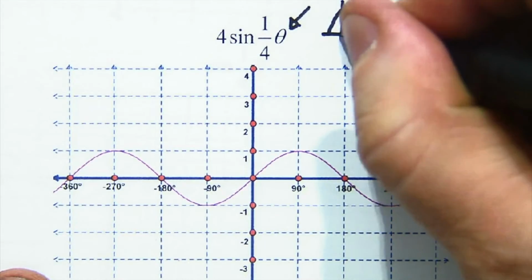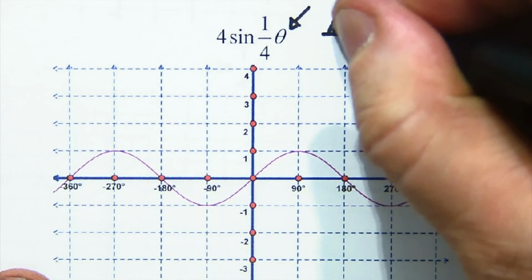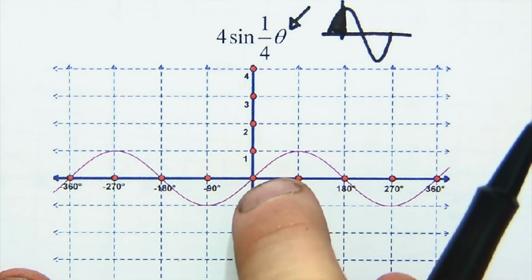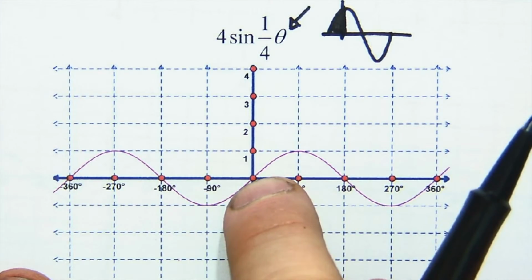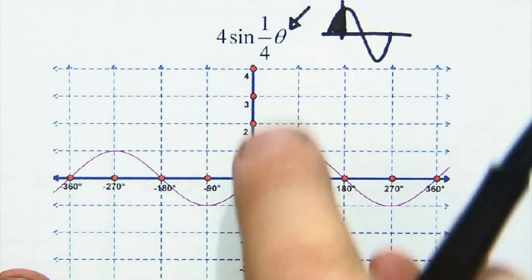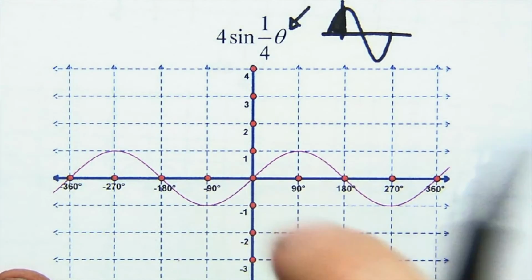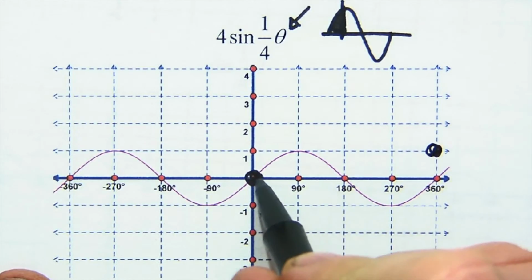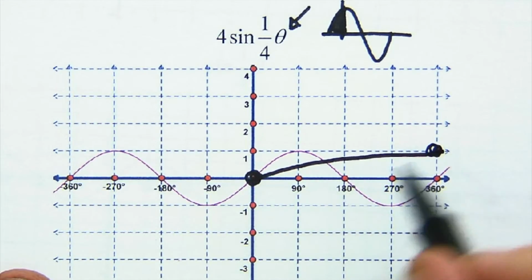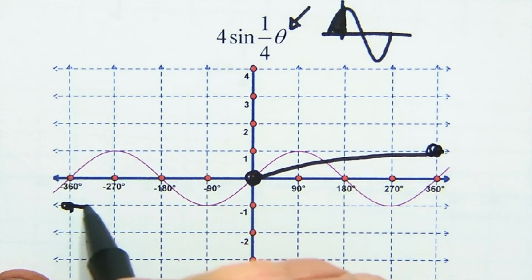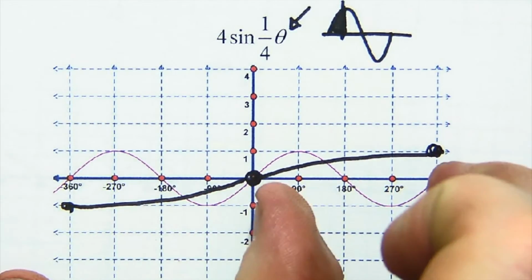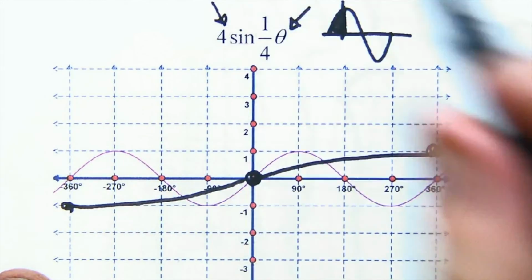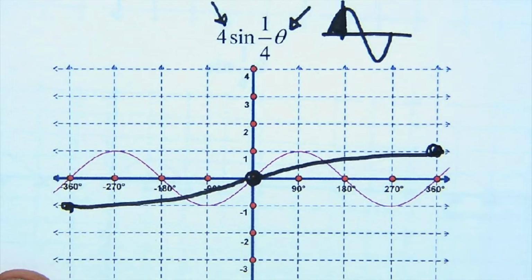A fourth means you'll only see that first 1/4 of the curve. So it's actually going to go from 0 up to its maximum at 360. So you're only going to see this piece. I actually like to do the other side of it too, just so you get a bit of it. But there's only 1/4 of it there, and now apply the scaling of 4 times bigger.